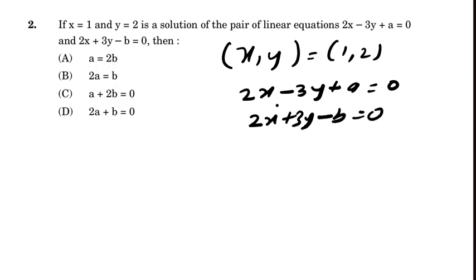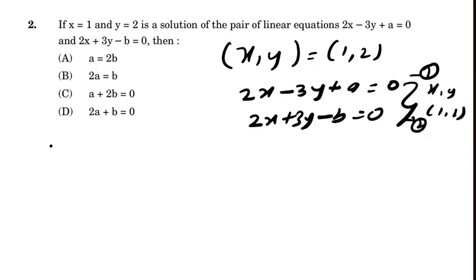So if both equations have the solution x equals 1 and y equals 2, we can put x value 1 and y value 2. Let this be the first equation and this the second. In the first equation we will put the x and y values.